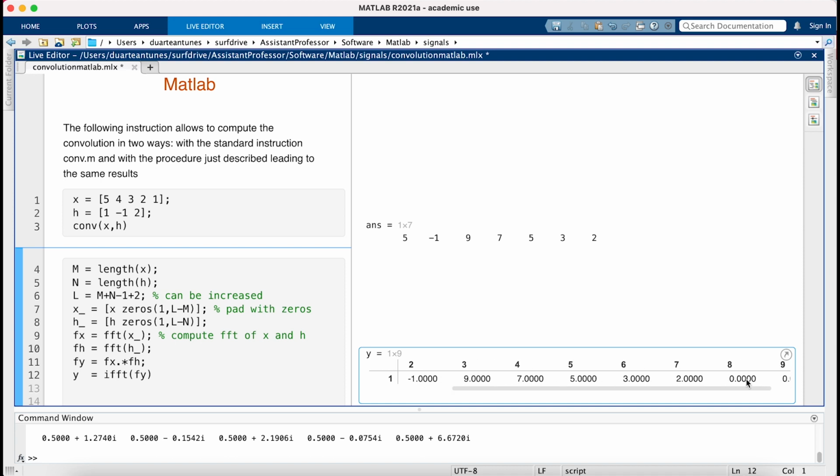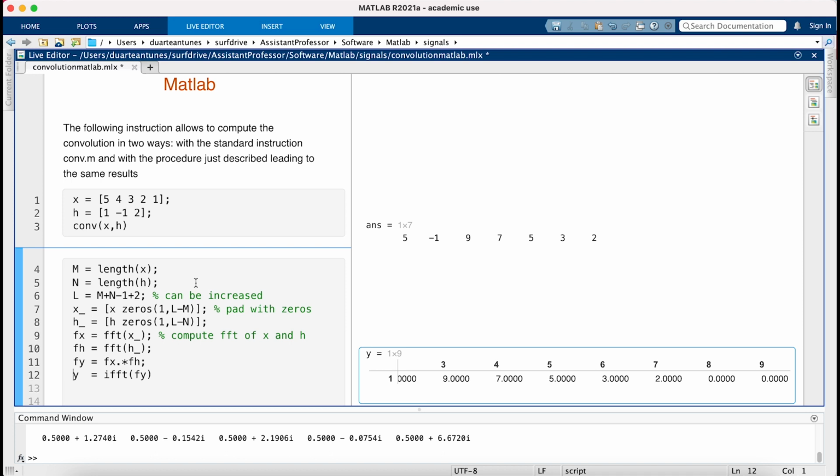The first 7 values of this resulting convolution are equal to the ones we got with the conv instruction, and the resulting convolution is padded with zeros.